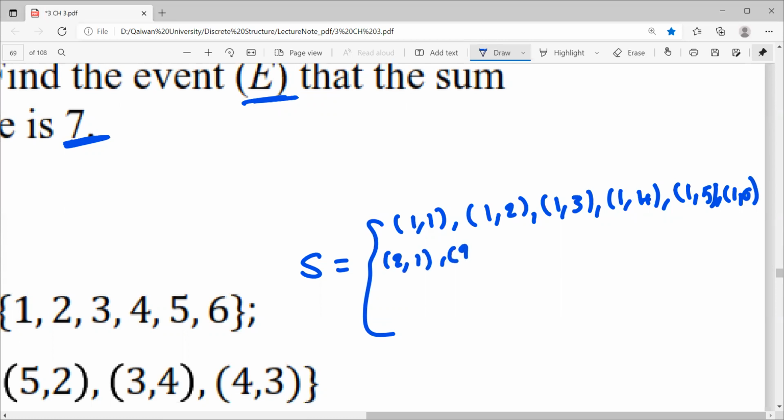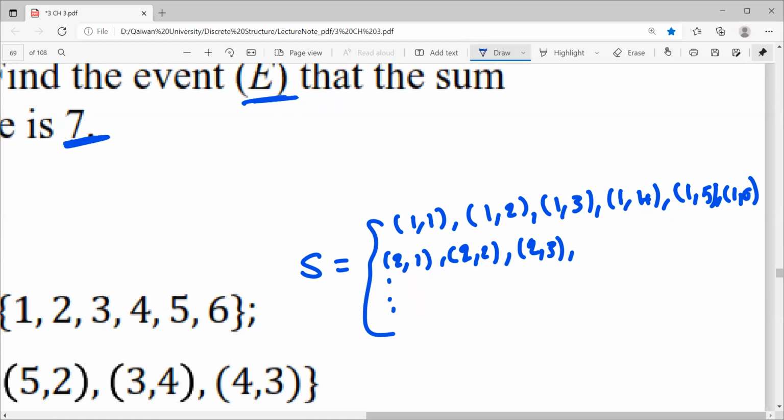If the first is 2 and the second is 2. If the first is 2 and the second is 3. We write them all down. Okay? We pick the first one to be 1 and the second one to be from 1 to 6. And then we pick the first one to be 2, and the second one to be from 1 to 6, and so on up to 6.